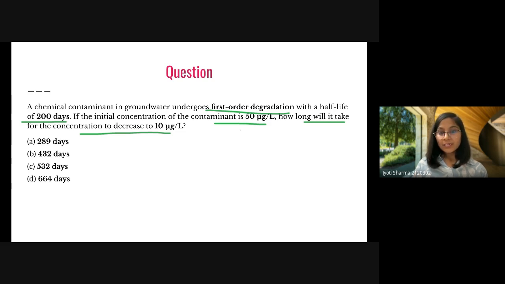So this is our initial concentration, C node or C0. This is C. This is a first order reaction, and the half time, t 1 by 2, is also given.